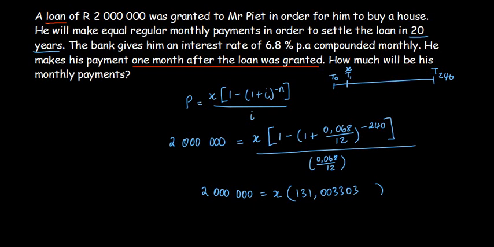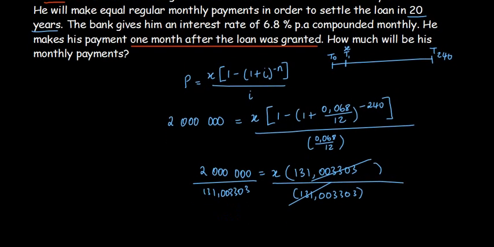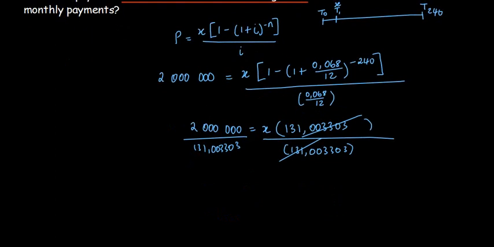Yes, sir. Thank you so much, Musa. So, after getting that value, we can simply divide. 131.003303. We also divide by 131.003303. Then that will allow us to get X, which will be the monthly payments.